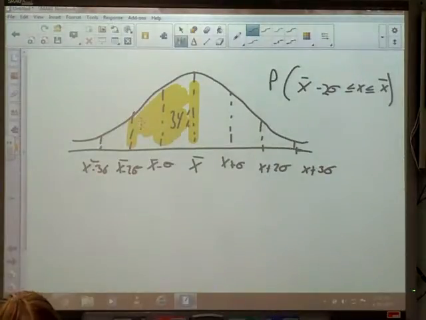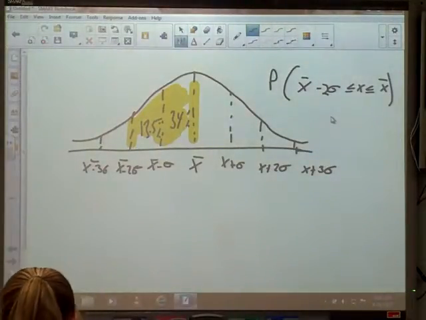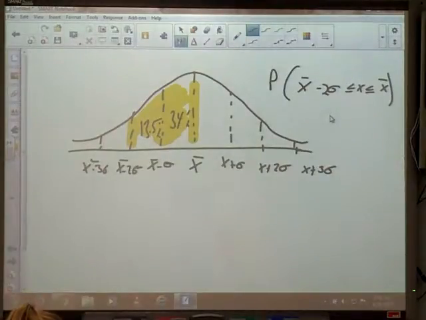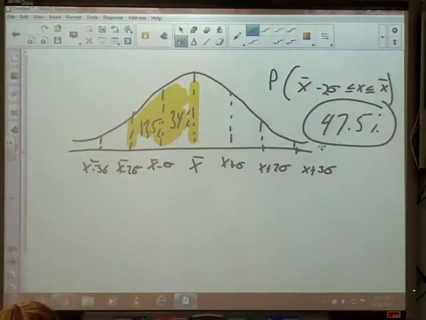So altogether there I would have... What you found with those ugly symbols and fancy stuff is that 47.5% of our data, whatever this is data of, it could be anything, would fall in that area. That's what you've discovered. So almost half of the data would fall in that area.